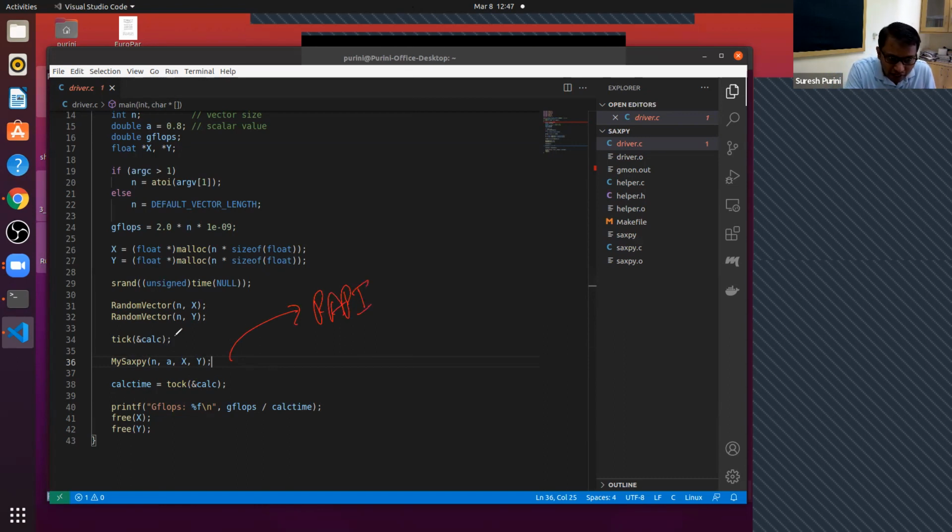The way we are just taking a snapshot of time, we can use the PAPI library and instrument code here before and after, and we can measure all the things that perf gives us, for example, cache misses, cache hits, page faults, anything that you want, you can get. Whereas perf gives it for the whole program, using the PAPI API we will be able to get it only for the section of the code that we are interested in. Okay. Does it make sense? Are you all with me?